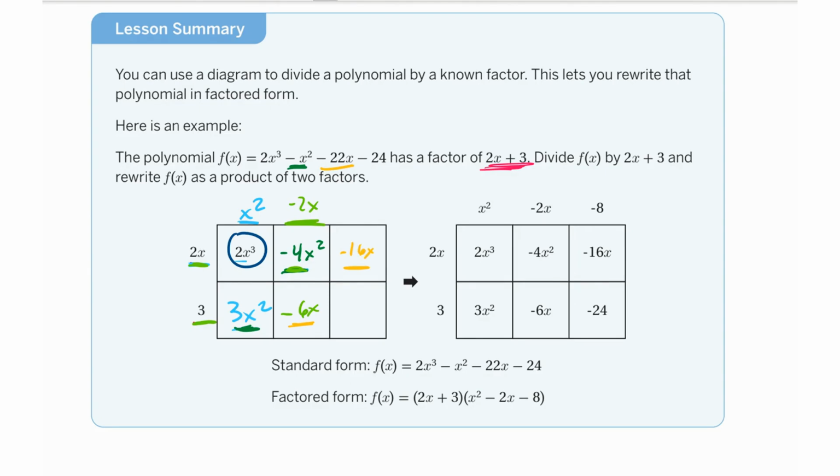Then I'm going from x multiplied by what would give me negative 16x, and that would be negative 8. 3 times negative 8 is negative 24. And so my final answer when I divide them is whatever I get on the top here. When I divide those two, I end up getting x squared minus 2x minus 8.